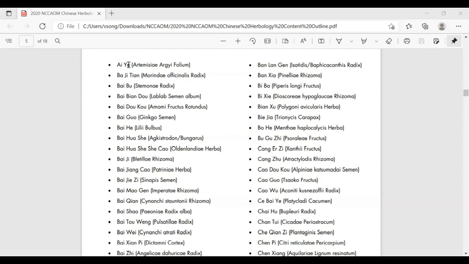So we use it for a patient who has infertility, ED, and kidney yang deficiency patterns. It also eliminates wind, damp, cold, and strengthens bone and sinew.